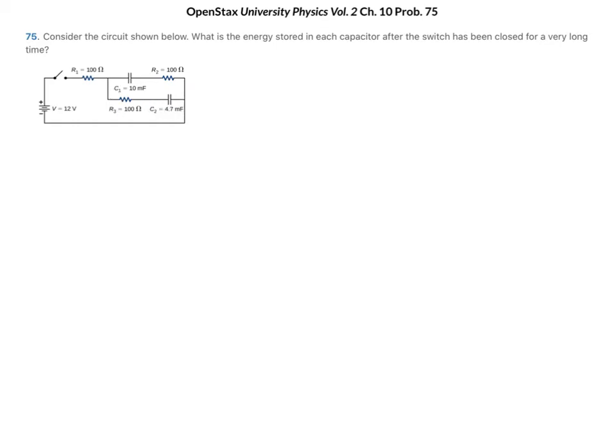So we want to find the energy stored in each capacitor after the switch has been closed for a very long time. But first, let's see what happens when we first close the switch. So at t equals 0, when the switch closes, current will flow from the battery to the resistor, and then it will split up. Part of it will go through the capacitor, which is completely discharged.